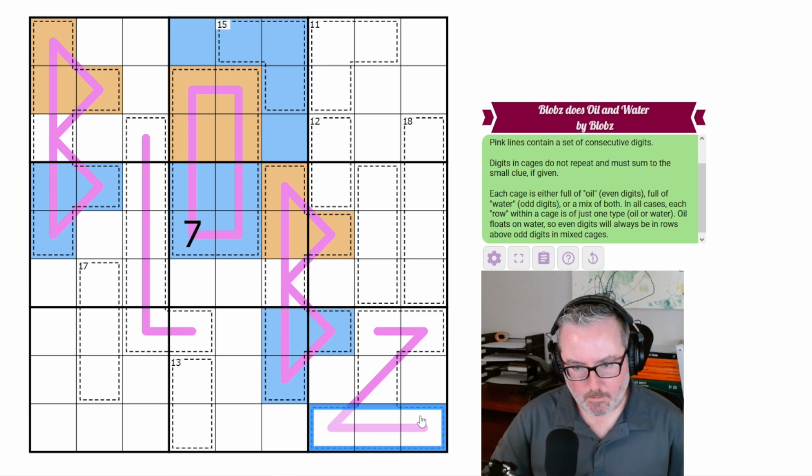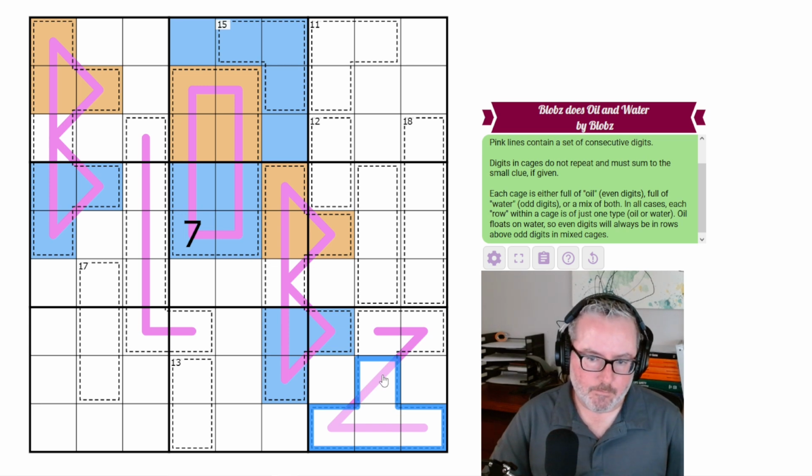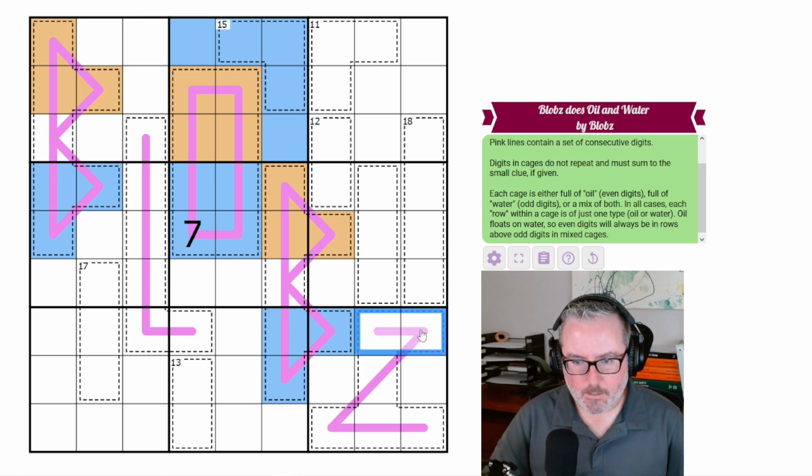Let's look down here then. So again, we're going to have at most 3 even digits. At most, we're going to have 4 odd digits. So again, we can say these have to be even.